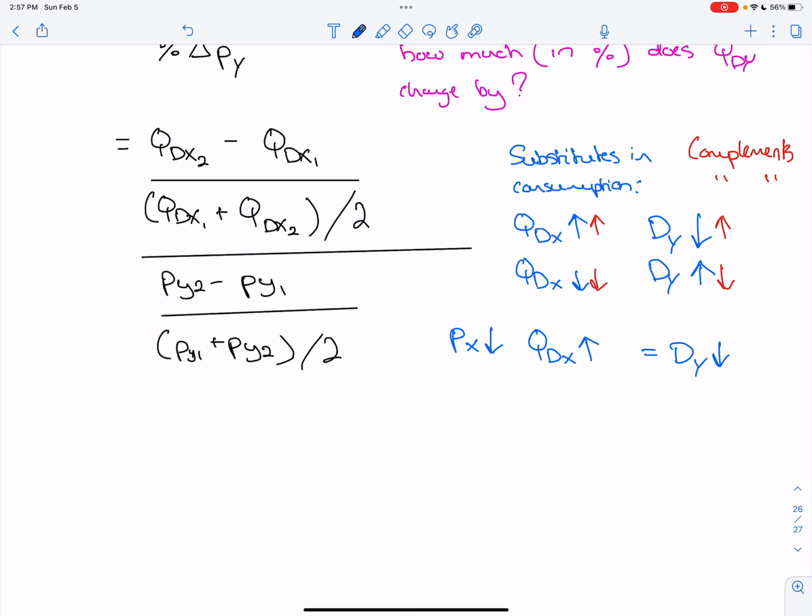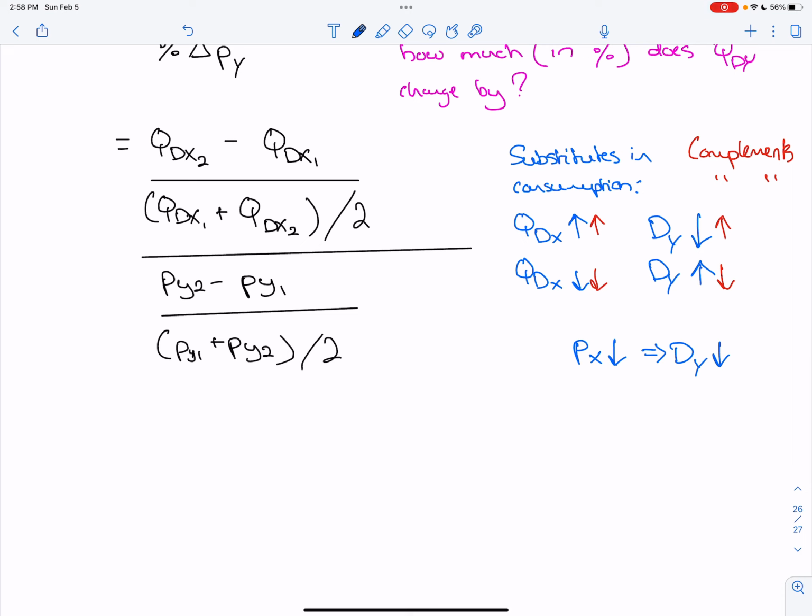So here's our relationship when it comes to substitutes. Let's just cut out this middle step. When the price of a substitute decreases, the demand for that other good decreases.